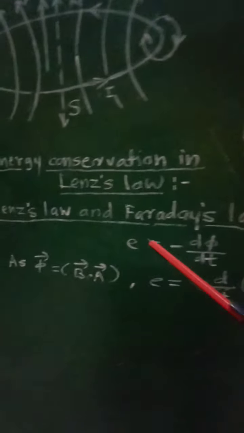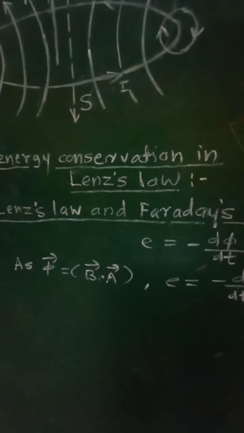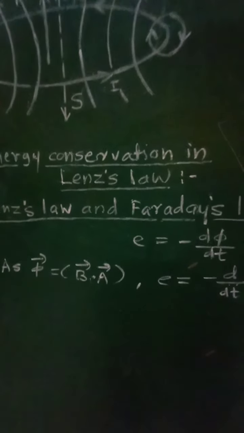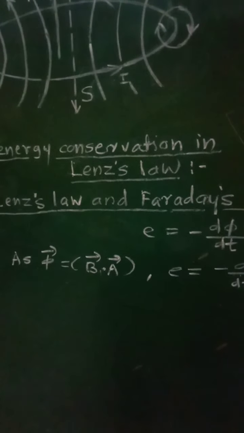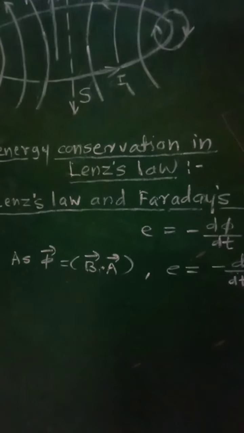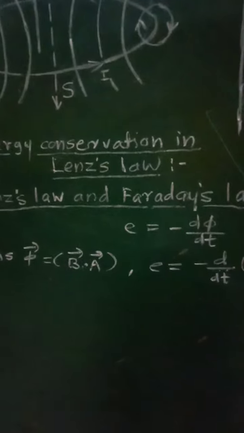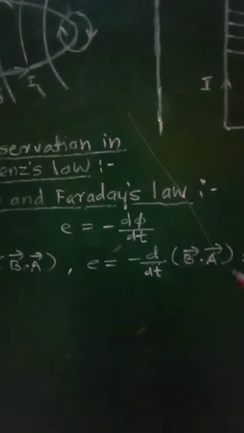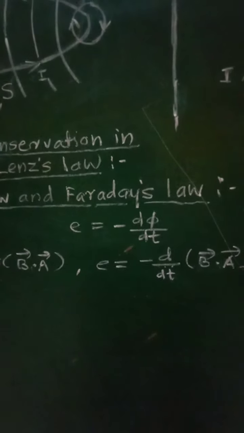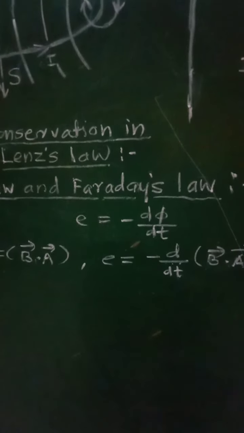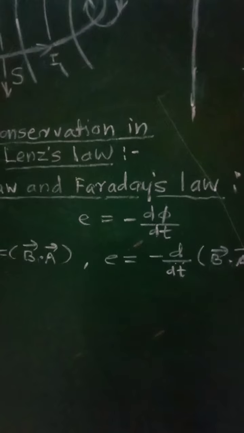So Lenz's law and Faraday's law will now be compared in this point. According to Faraday's second law of electromagnetic induction, E is equal to minus d phi by dt.